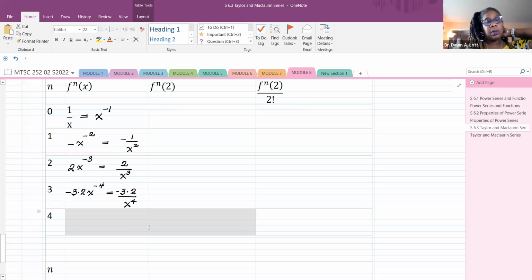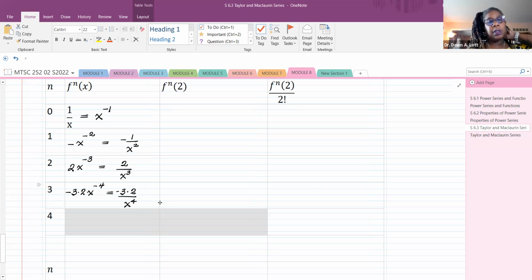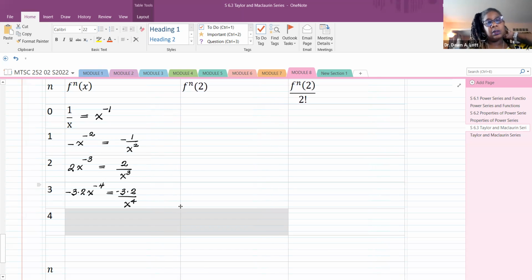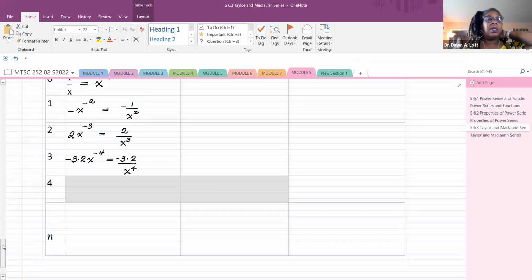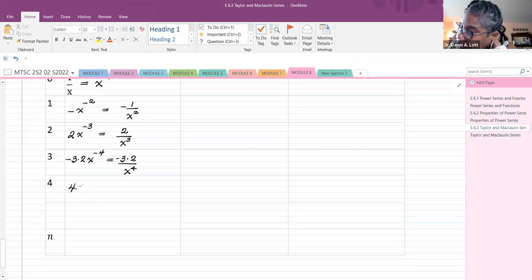Now when I take another derivative, the negative 4 is going to come down and give me 4 times 3 times 2 x to the negative 5. So now I get 4 times 3 times 2 over x to the 5th.